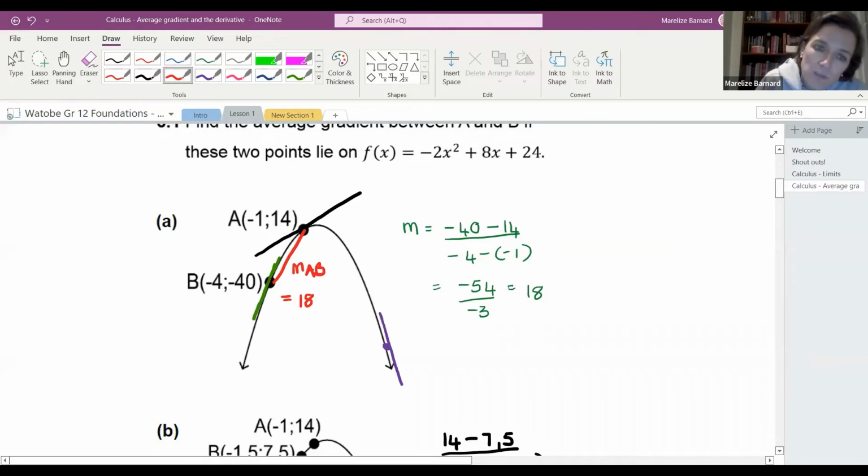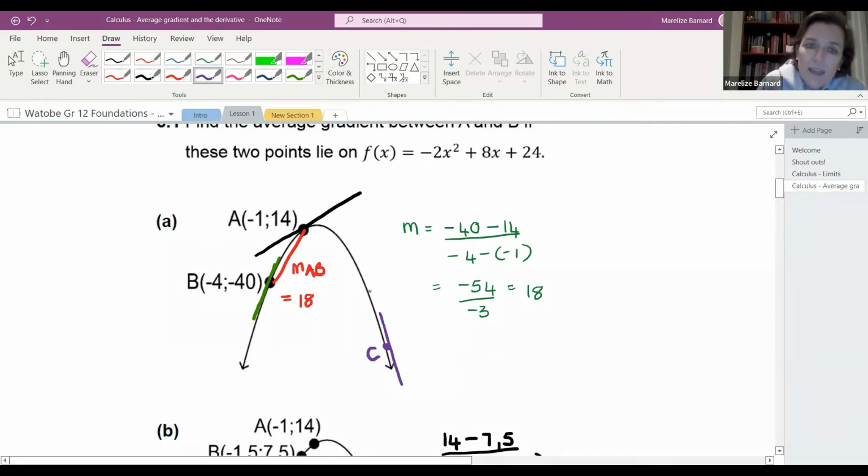But if we look at these little tangent lines, the gradient at point A is clearly quite different to the gradient at point B. And at my random point C, that gradient is also different.